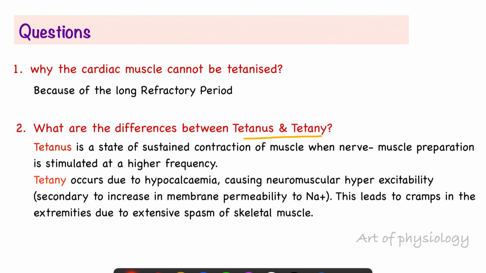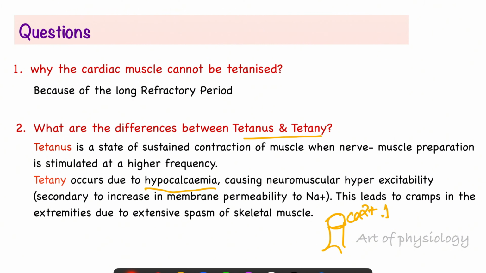What is tetany? It occurs due to hypocalcemia. If the calcium ion level is reduced, it will cause neuromuscular hyperexcitability. It is secondary to the increase in the membrane permeability to sodium. Usually, in the normal state, calcium ions come and bind at the membrane.